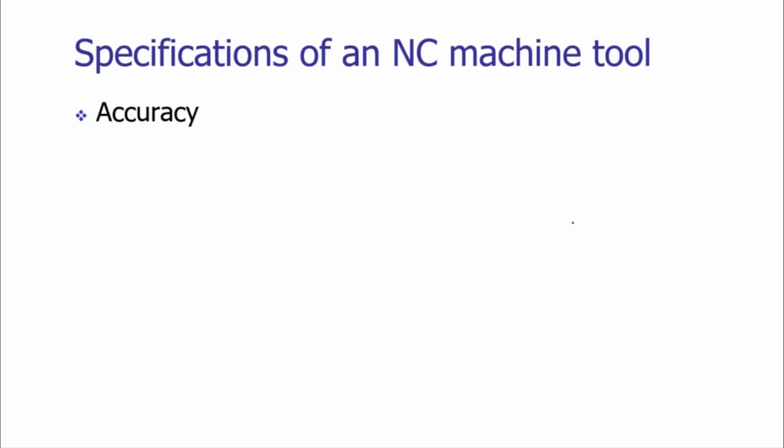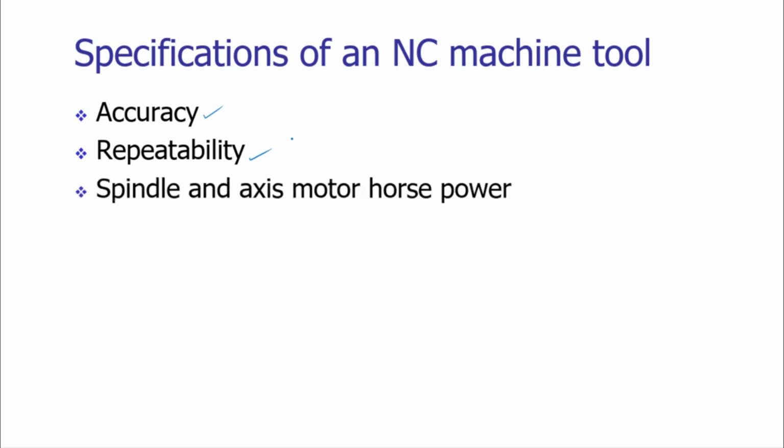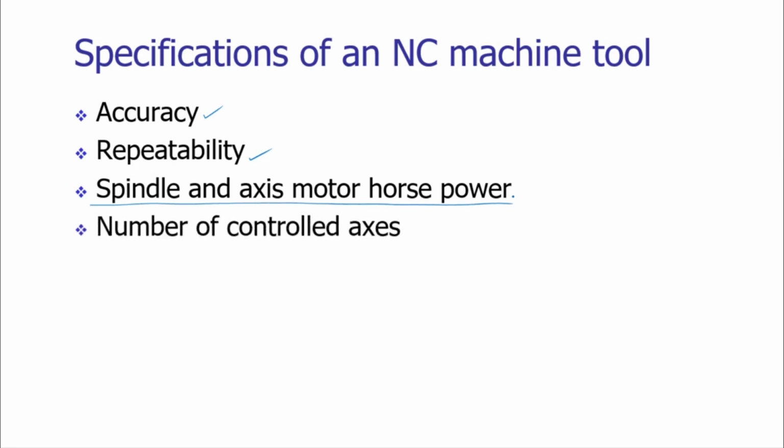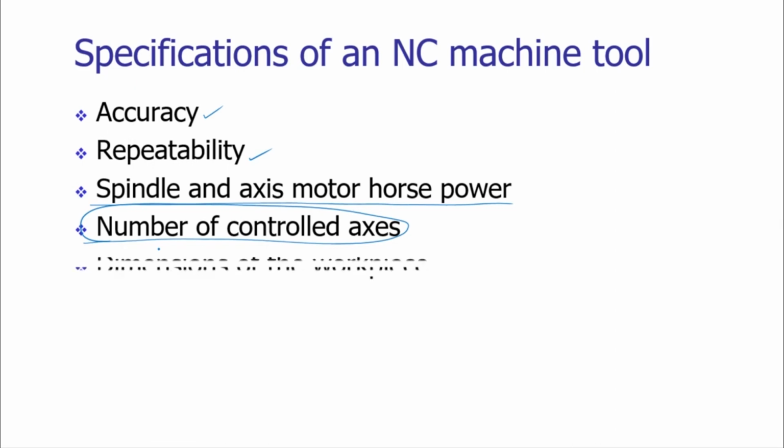So how do you specify a typical NC machine tool? We define the NC machine tool performance based upon its accuracy. The second point is the repeatability, then the power that the machine tool provides, spindle power as well as the axis motor power, that is the horsepower, and the number of controlled axes, whether it is a 2-axis control CNC machine tool or a 3-axis CNC machine tool, or multiple axes are provided.